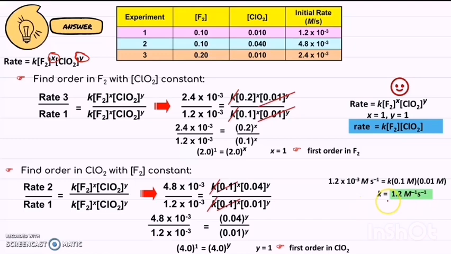I will have k equal to 1.2 M to the power of -1 s to the power of -1. Make sure, class, when you write the k value, you have to include the unit of your k. If you don't put the unit of your k, you won't get the final mark for the k value.